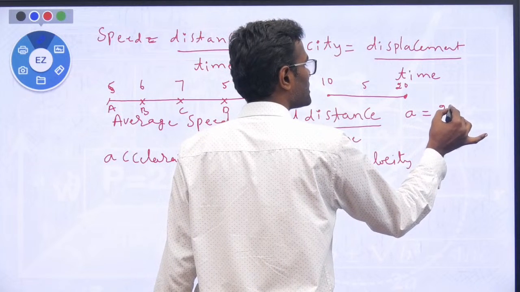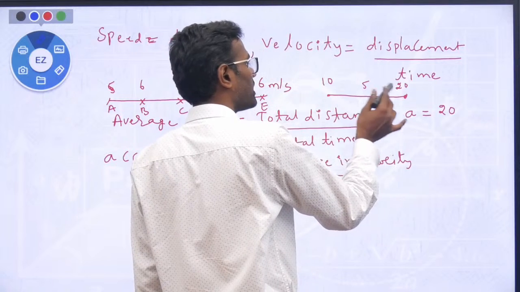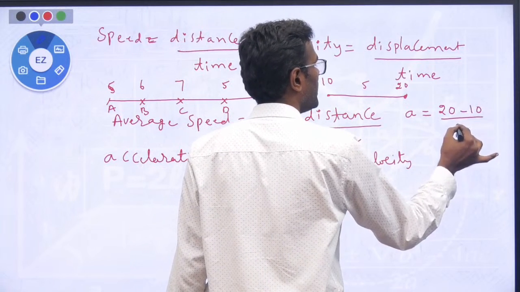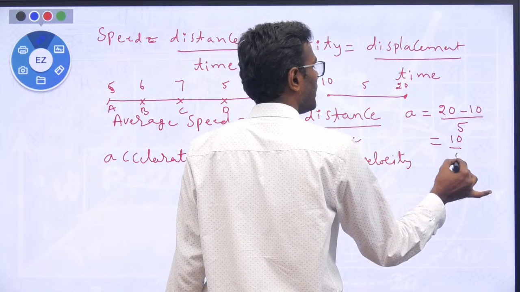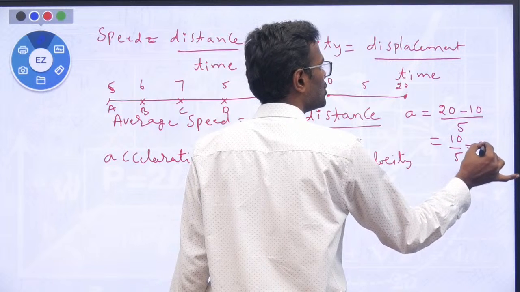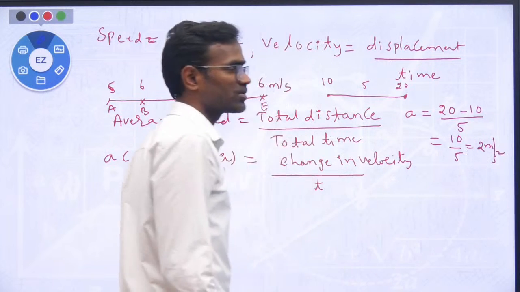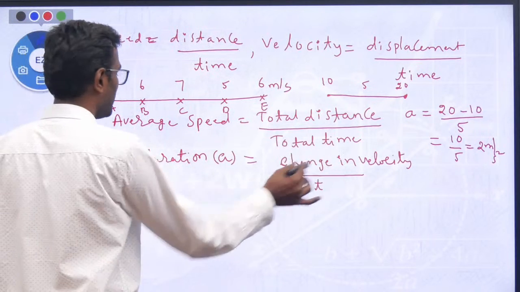Final velocity 20, so how much change in velocity? 20 minus 10, divided by 5. 20 minus 10 is 10, 10 by 5 is 2 meter per second square. So 2 meter per second square is the acceleration: change in velocity by time taken.